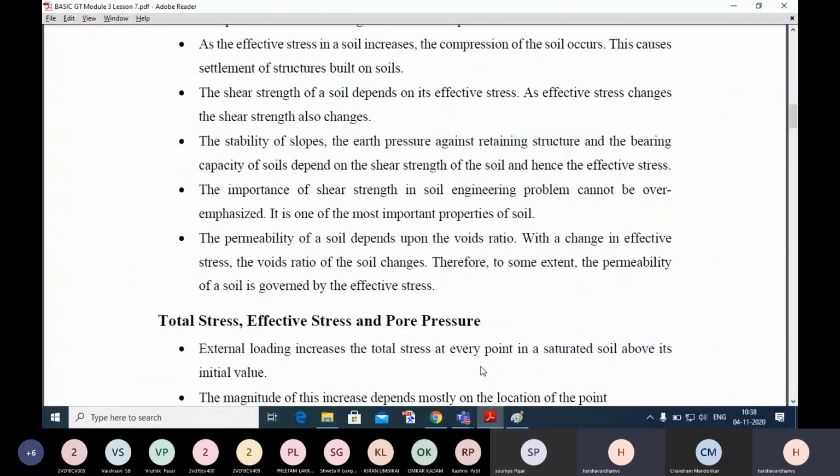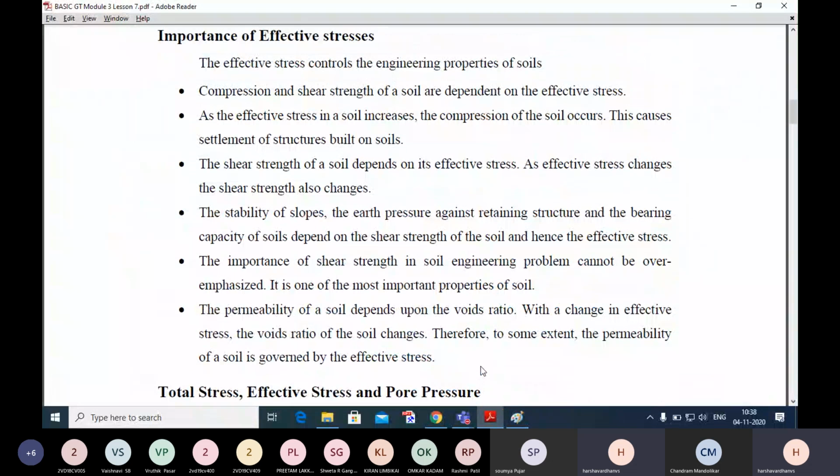Now, why is effective stress important? Because the effective stress of the soil controls many engineering properties of soil. With an increase in effective stress, the compression and the shear strength of the soil increase. Hence, we can say that compression and shear strength of the soil are dependent on effective stress.